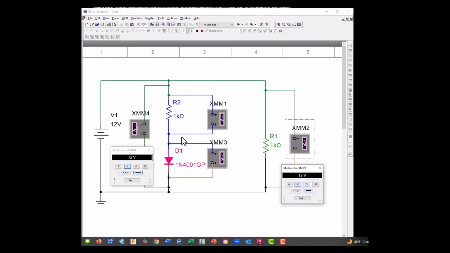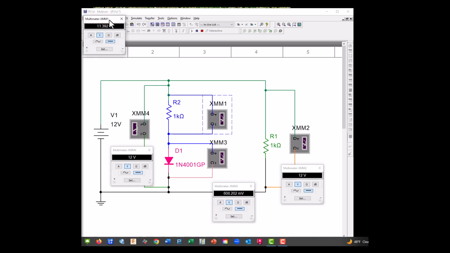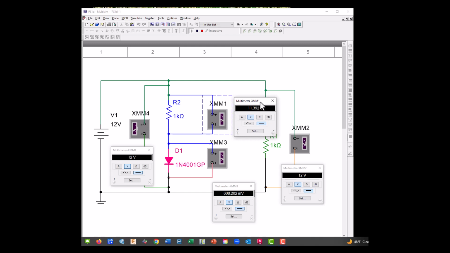So we're going to measure the voltage, so it's going to be one diode's worth, 0.6, and this guy is going to be 12 volts minus the 0.6. Let's see, and it is 11.4 essentially. Okay, parallel circuits, voltage is the same.